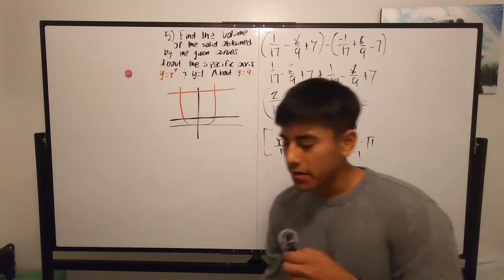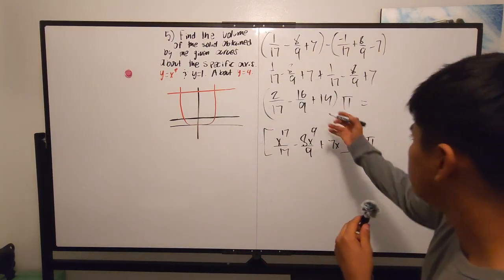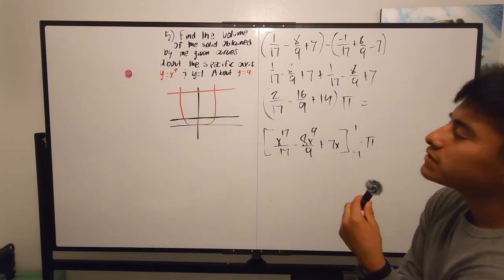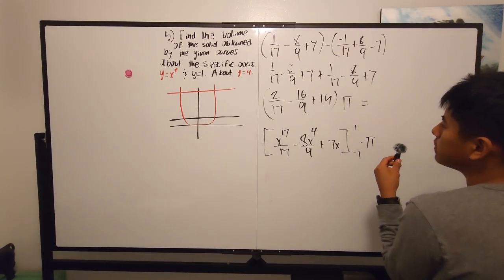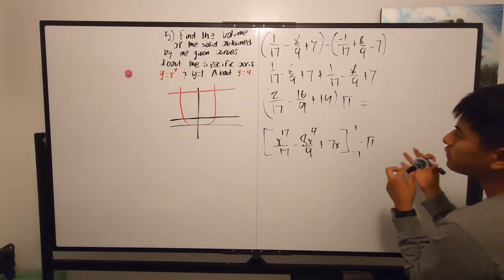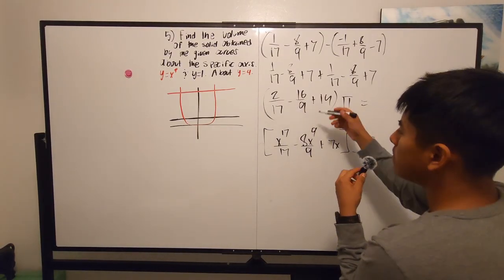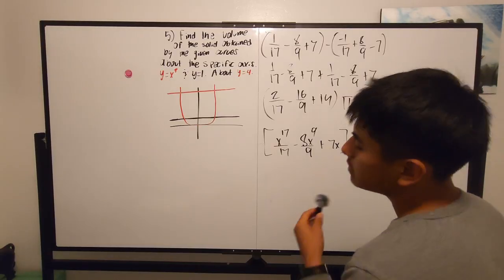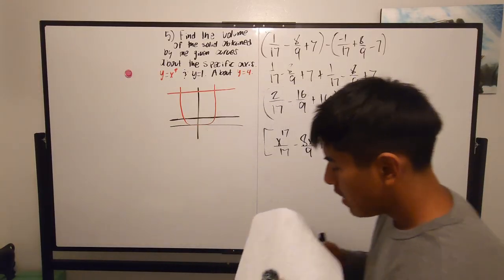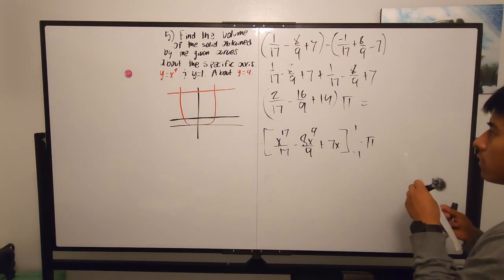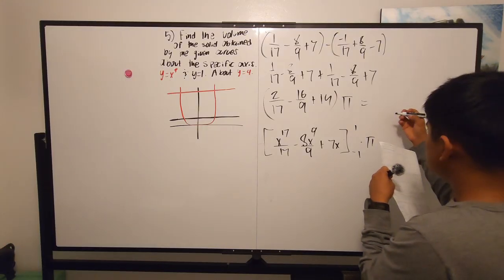If on a test, you could either plug it into a calculator and give a long decimal, or if you want to keep it in a nice fraction, you'd have to find a common denominator for all these values. I'm not going to go ahead and do that in this video. That would take too long.